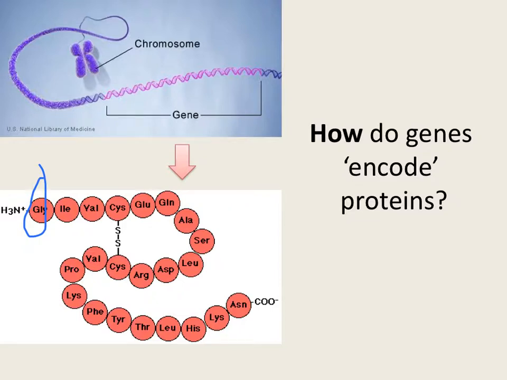Depending on which amino acids are in which place, often determines how the protein is folded and exactly what are the active sites. So what happens is the gene on the chromosome is translated into these amino acids.